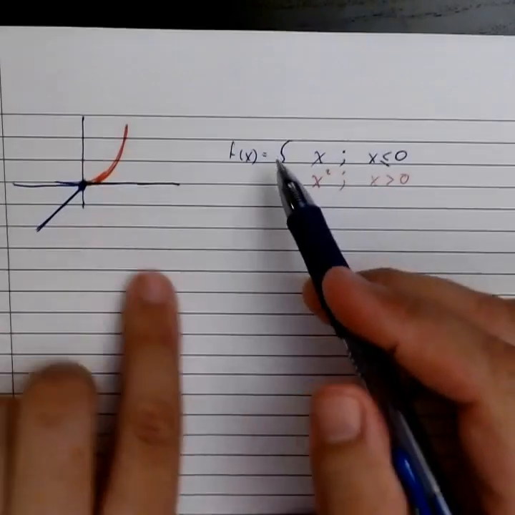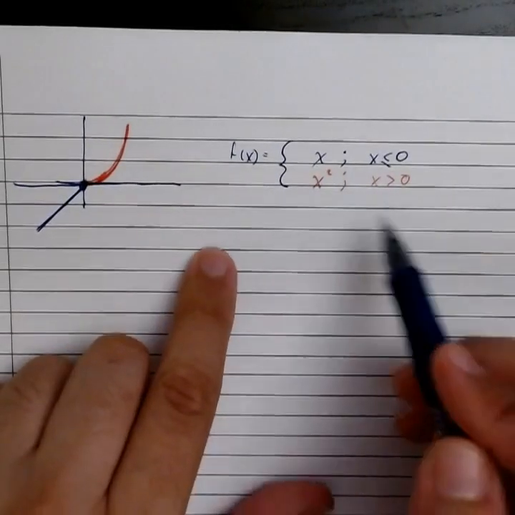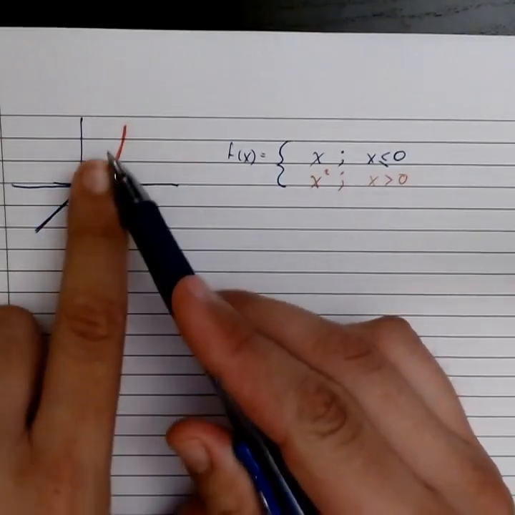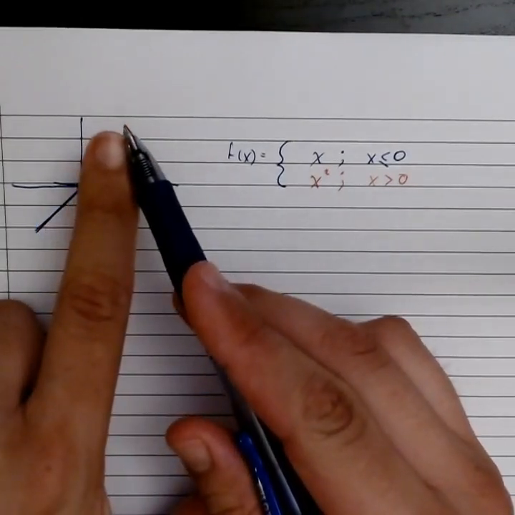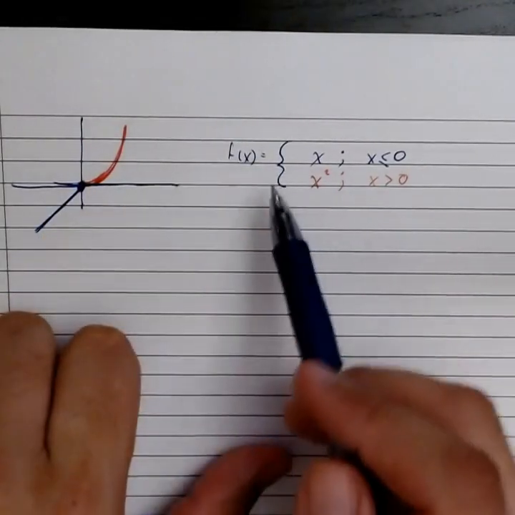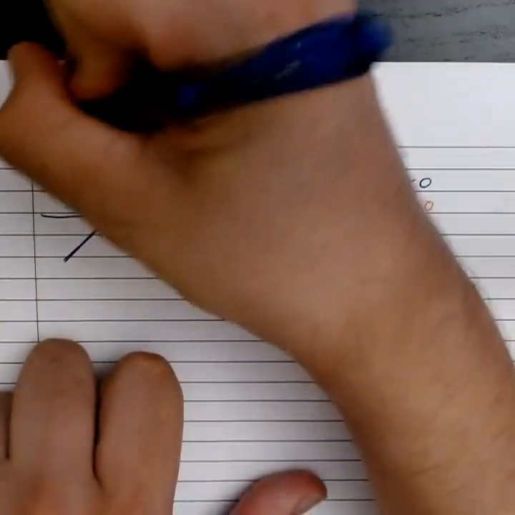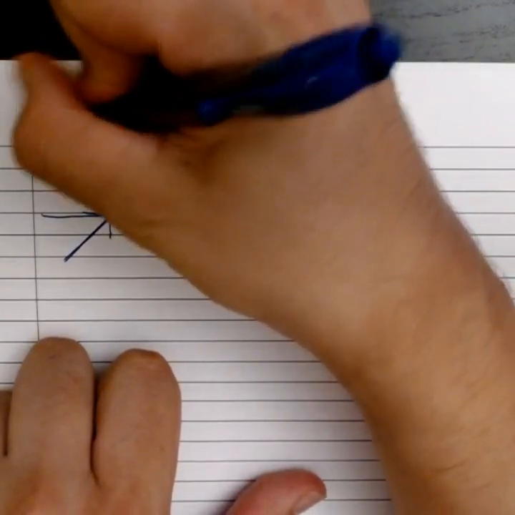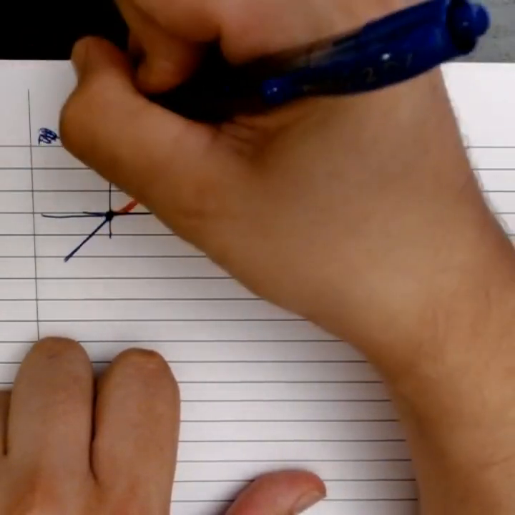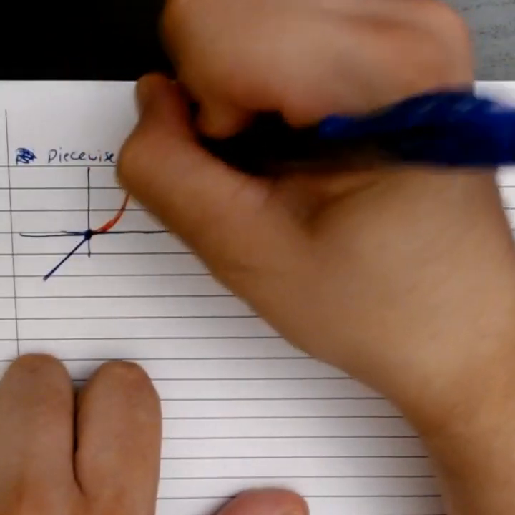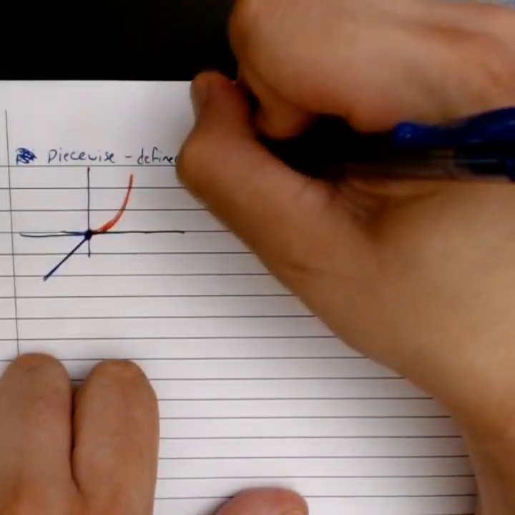In more advanced problems, you'll have 3 or 4 parts to this. So your graph might behave like a line, and then like a parabola, and then like a square root, or whatever. You might have different components. So this is called a piecewise function, a piecewise-defined function.